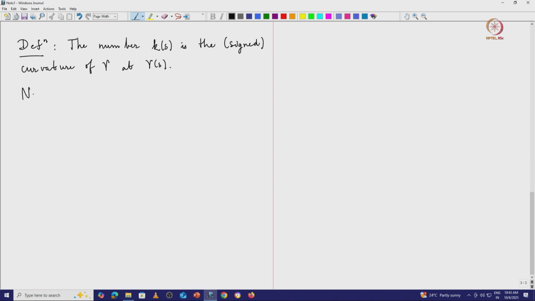And then one thing to note is that if you take the absolute value of the signed curvature, so you take the unsigned curvature, then clearly that is just going to be the magnitude of the acceleration vector, because n of s is a unit vector, right. So the magnitude of this signed curvature is the magnitude of the acceleration vector, which is what our motivation was with this picture of a car traversing a circular path, right. So at least conceptually this is a sensible definition to have.